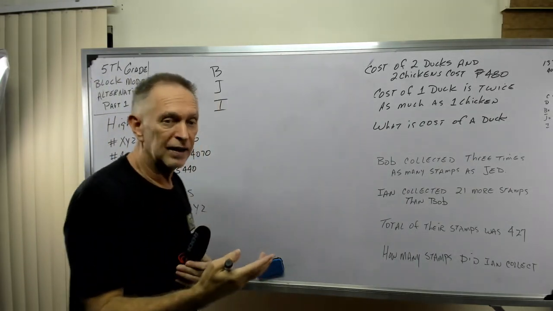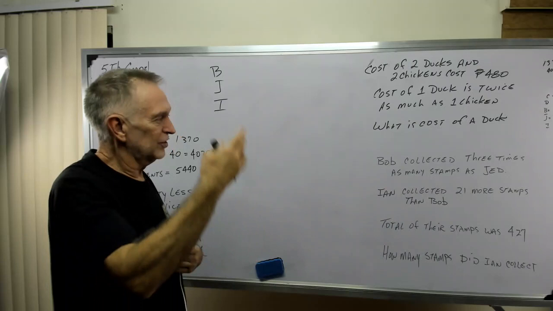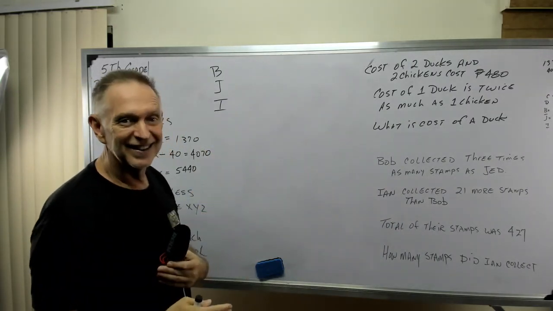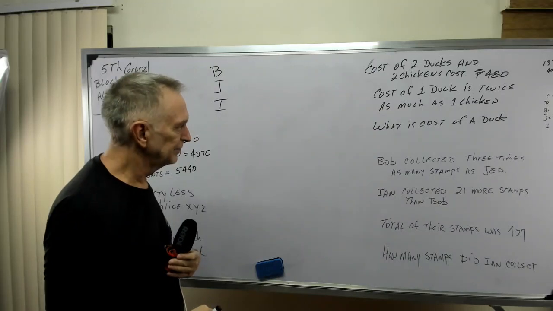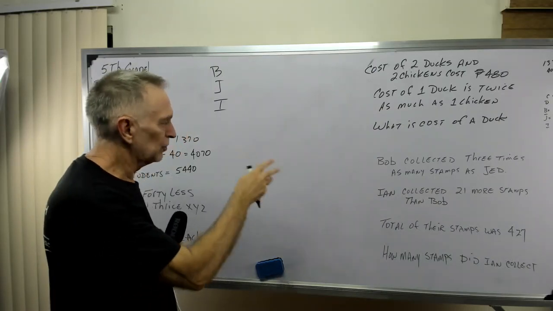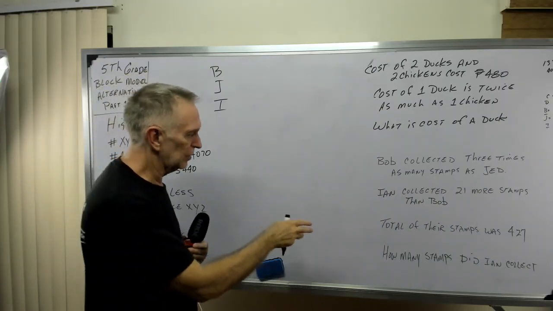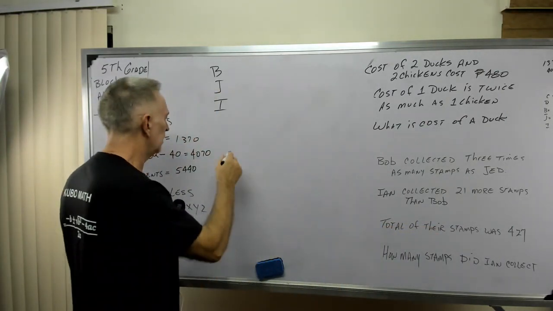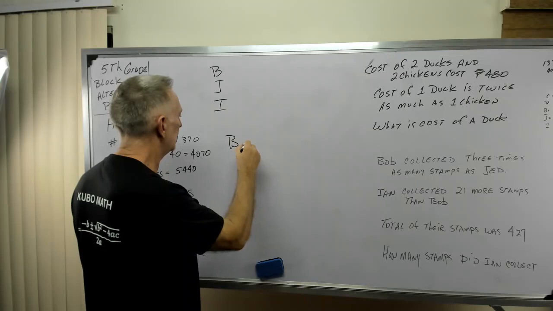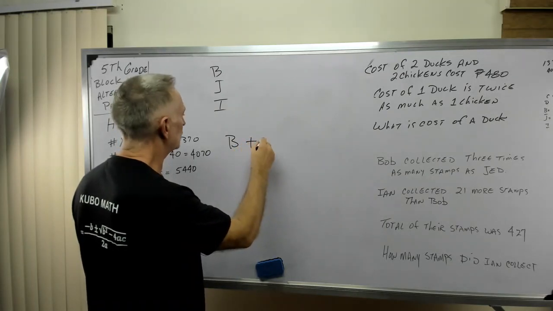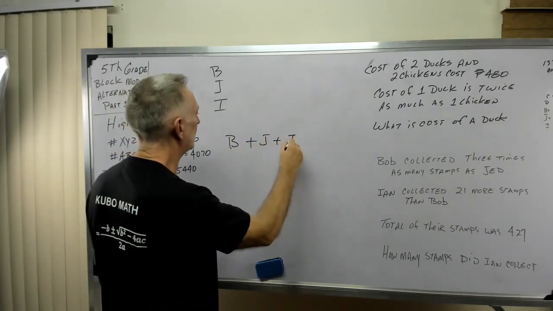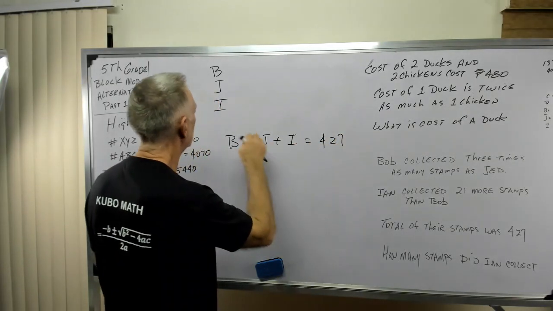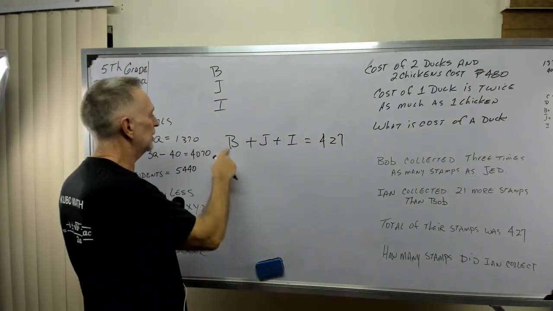This is how I keep track, so I write it down. Okay, I have 3 people here, and they said the total of their stamps was 427. So I have Bob's stamps plus Jed plus Ian equals 427.